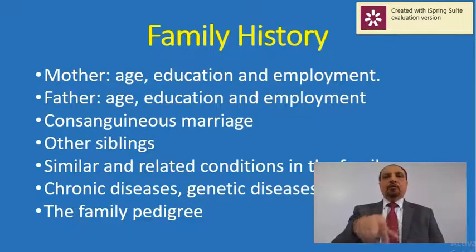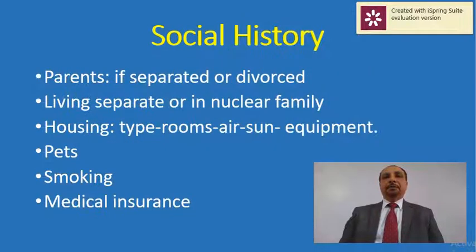Then you follow to write all children according to age, and whether they have the same disease or other diseases or not. Even sometimes in the family pedigree, you will write if there is abortion, stillbirth, or early neonatal deaths. All these things should be written thoroughly, and we will teach you how to write and plot the family pedigree.